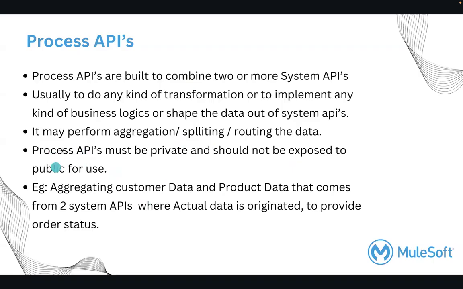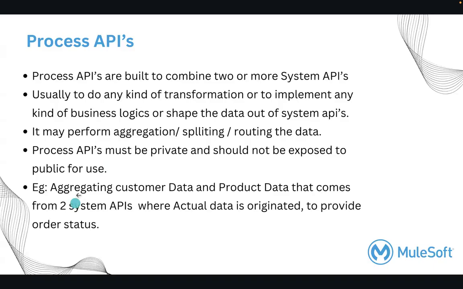This process layer may have the business logic, and there might be sensitive data. If you expose it directly to the end user, there is a possibility of security issues, because they will be able to access different kinds of data. That is why we don't want to share all the details from the process layer. So we brought up the experience layer, where we just provide the required data the client wanted.